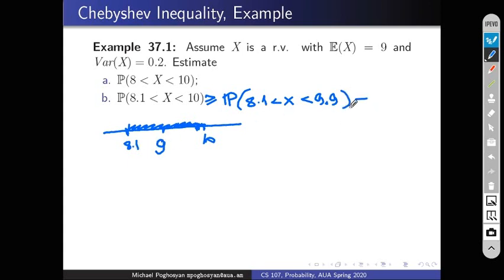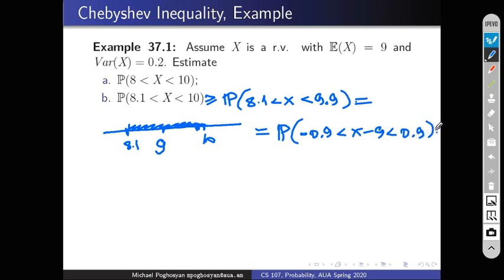Now I can do the same thing as above. So I can write the following. This is equal to the probability that, subtracting 9, I will have minus 0.9 less than x minus 9 less than 0.9. So I have a symmetric thing.